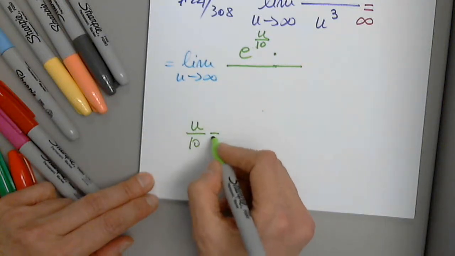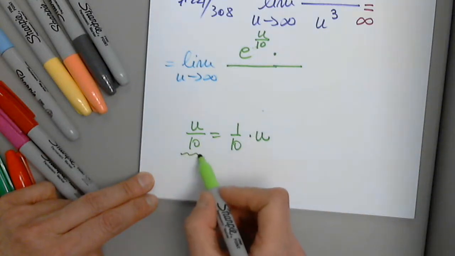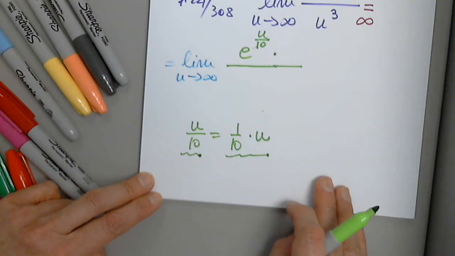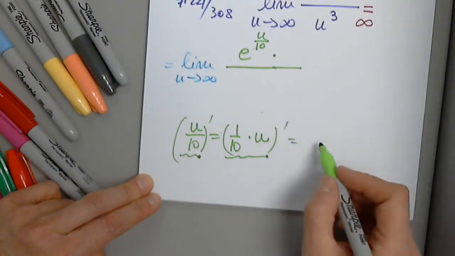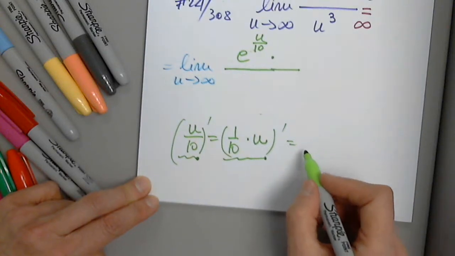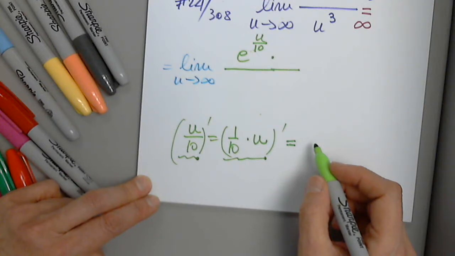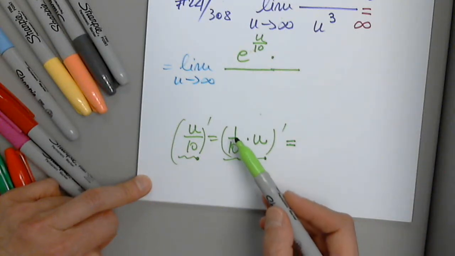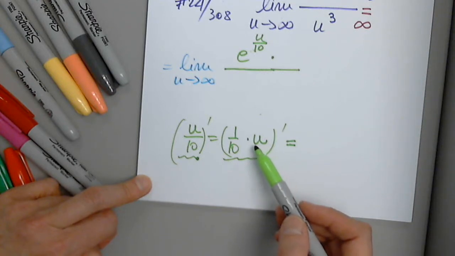U over 10 is the same with 1/10 times u. So when I differentiate this or this, what do I get?